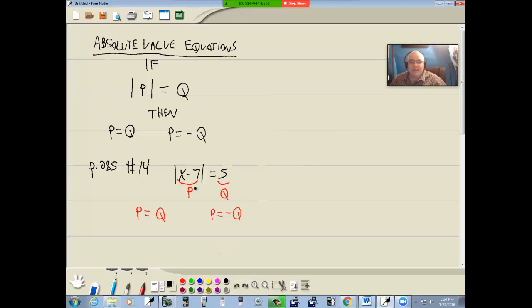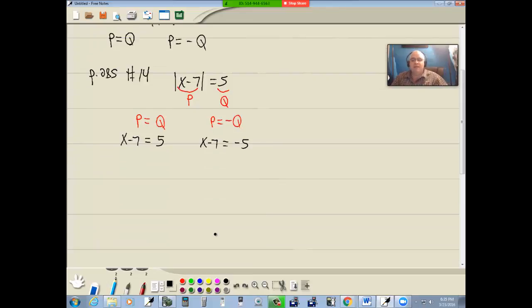So everywhere I have a P, I'll plug in x minus 7, and everywhere I have a Q, I'll plug in 5. So I got x minus 7 is equal to 5, and x minus 7 is equal to negative 5. And then we solve like normal. These are linear equations. So I'll take negative 7, move it over.